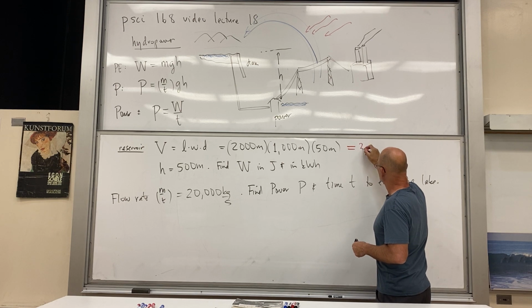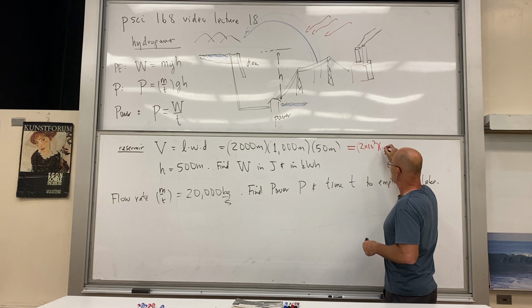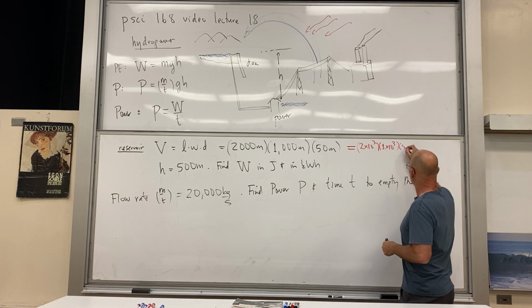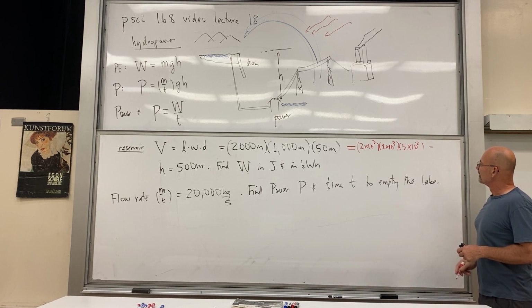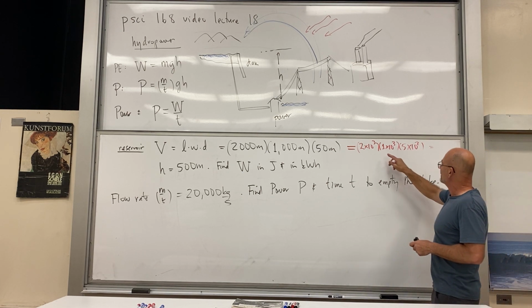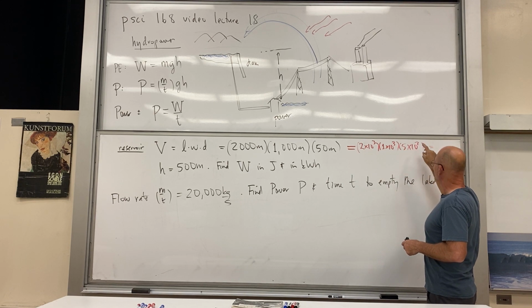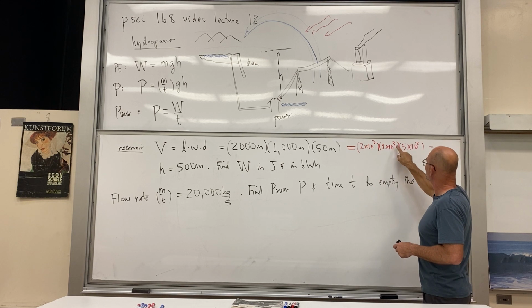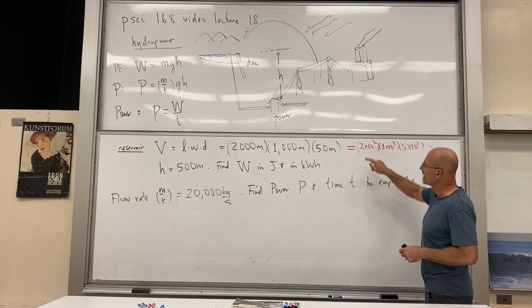We have 2 times 10 to the third, 1 times 10 to the third, 5 times 10 squared. So what do we have here? 10 to the third, 4, 5, 6, 7, 10 to the 3, 4, 5, 6, 7, 8, and 2 times 5, that gives us 9.